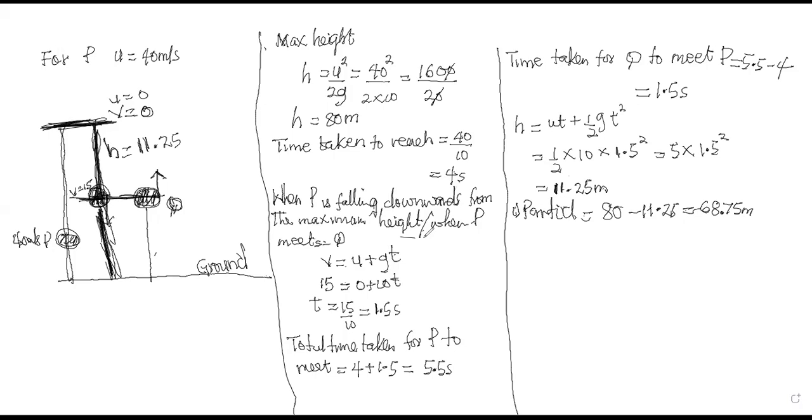Then the last question: find the velocity with which Hill is shot, the initial velocity of Hill. That is easier because h = ut - half gt squared when Hill is going up.